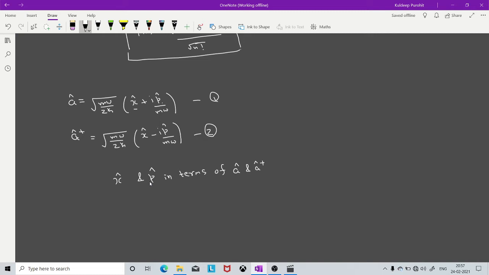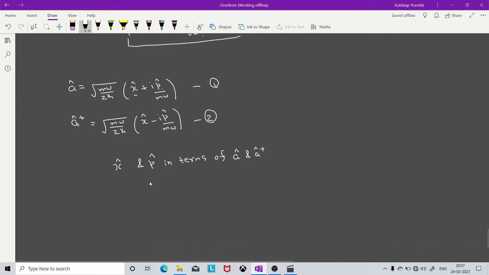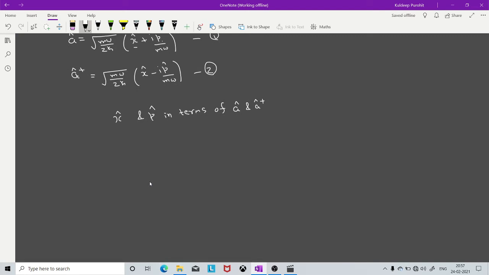You can check that you will get the position operator x equal to the square root of h cross by 2m omega times a plus a dagger, and the momentum operator p equal to i times the square root of m omega h cross by 2 times a dagger minus a.